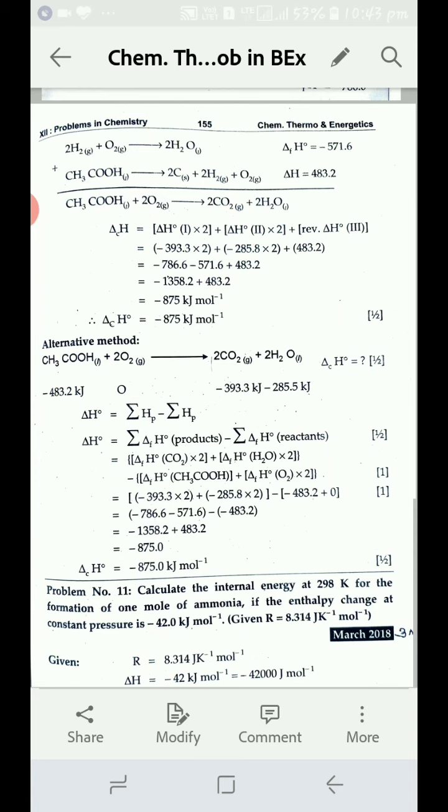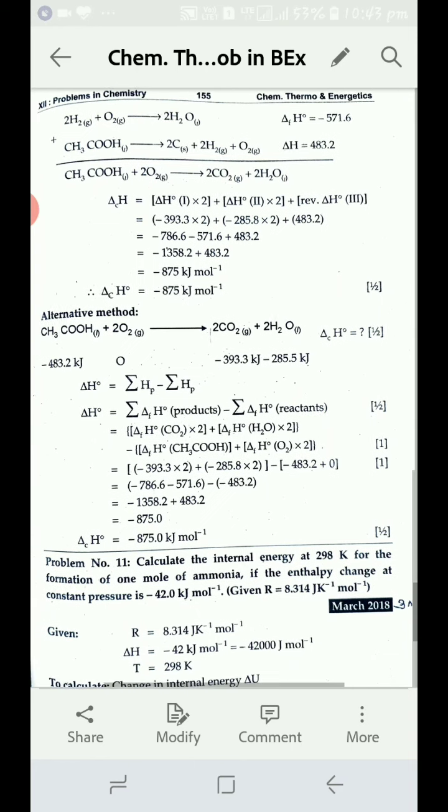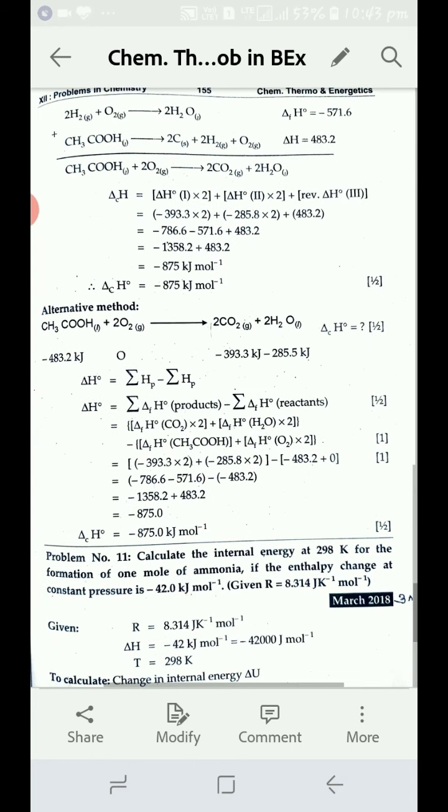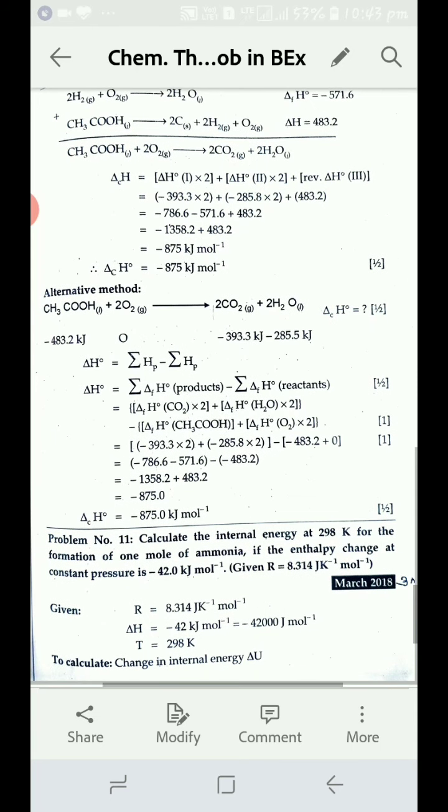You have to calculate the internal energy, meaning U, for formation of 1 mole of ammonia. So first write down the formation of ammonia from the constituent elements. So what is the change in internal energy, delta U?